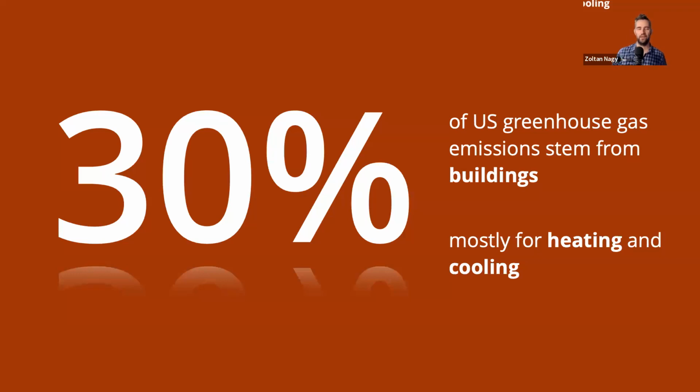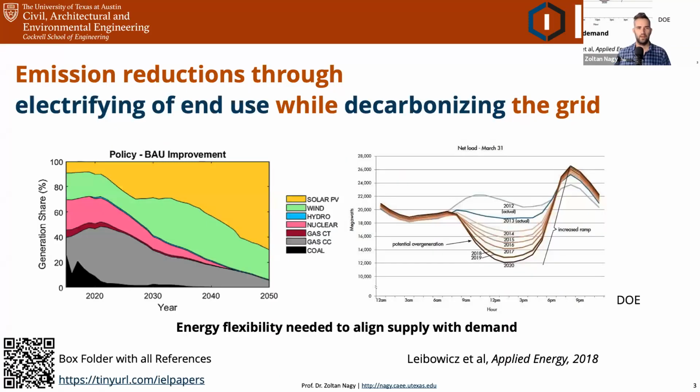So some motivation, of course, I'm preaching to the choir. Buildings use a lot of energy. Buildings are responsible for a large part of greenhouse gas emissions, mainly because we like to be in buildings and like to be comfortable. So we need to heat and cool and provide ventilation, and that requires energy.